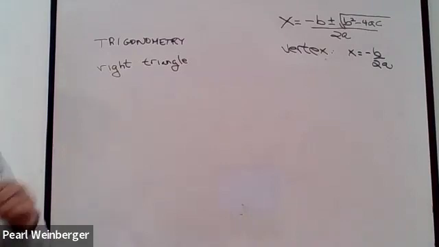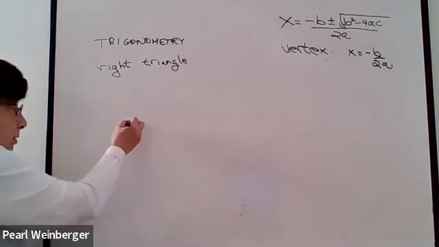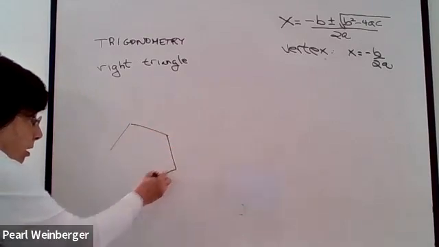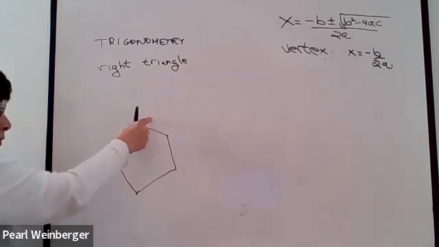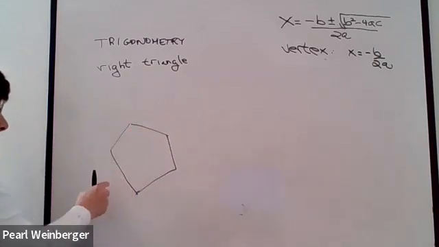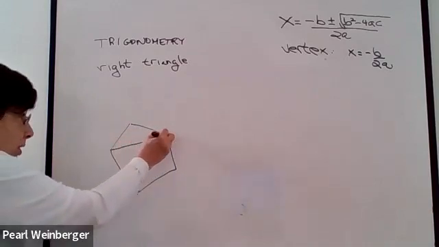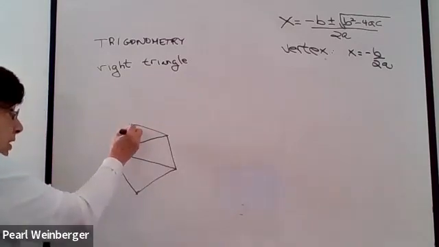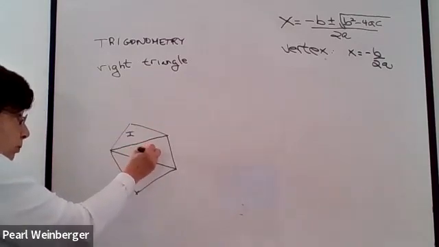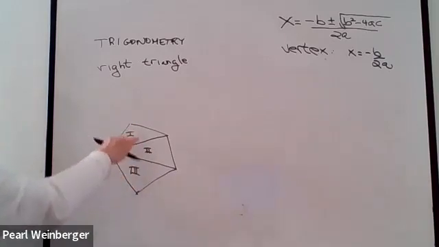And really every other straight-sided figure, let's say you have something that looks like this, which is something called a pentagon, because it has 1, 2, 3, 4, 5 sides. It doesn't matter. If you started drawing what we call diagonals, you would see that you could break up your figure into a number of different triangles.